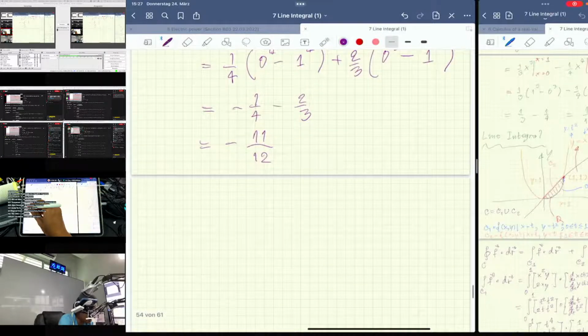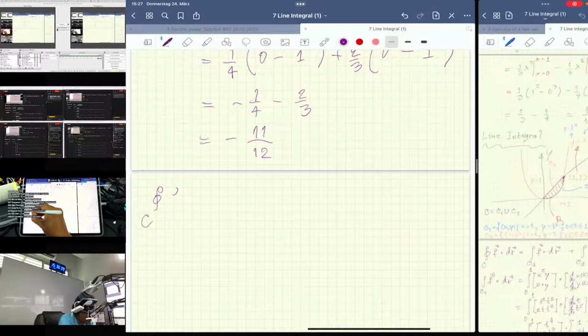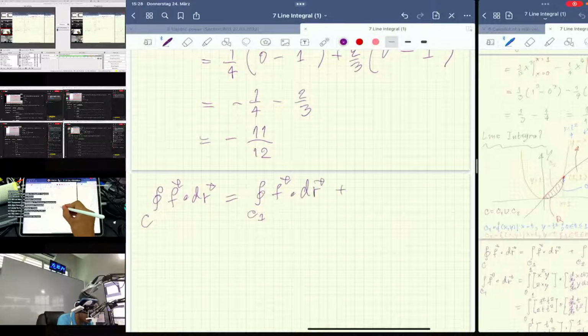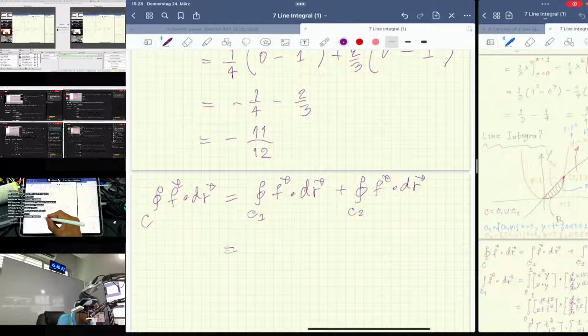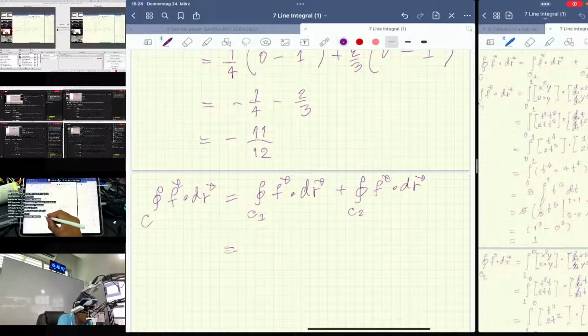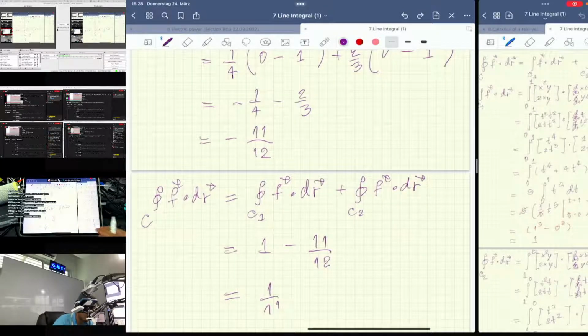Right? The integration over the closed contour C of the vector F dot dr is equal to the integration along the first contour of F dot dr plus the integration along the second contour of F dot dr. The first term is number 1, so we have 1 minus 11/12, so it turns out to be 1/12.